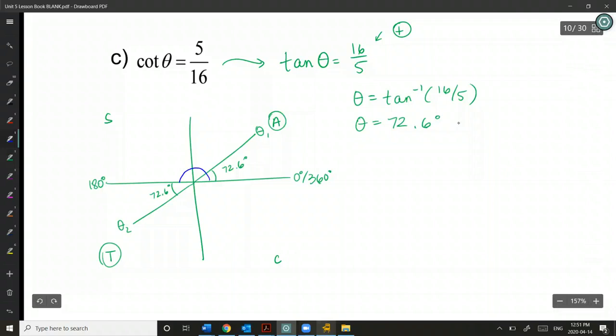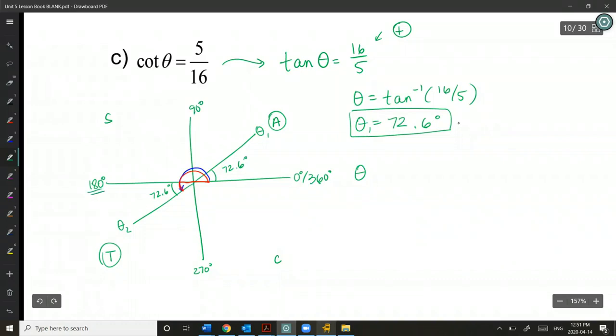Now I want this rotation to theta 2. And that's basically going to be from 0 to 180, plus an extra 72.6. So again, I'm not using 270 or 90 in order to do this calculation.